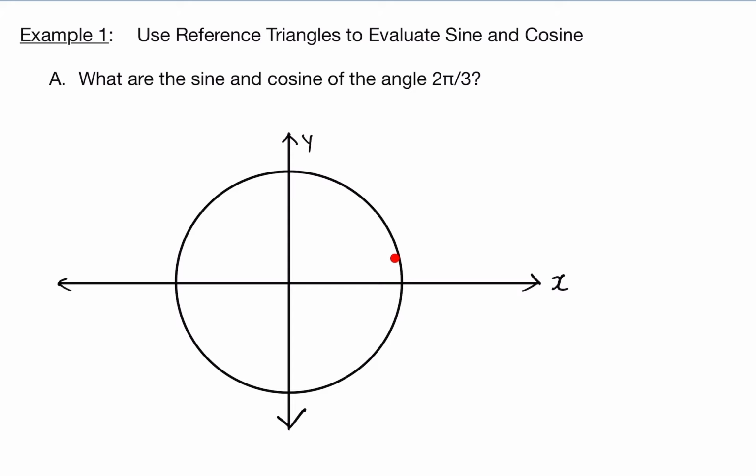Okay, if you recall from our previous lesson, 1/2 circle is pi, and so 2/3 of pi, or 2 pi over 3, should land right about here on the unit circle.